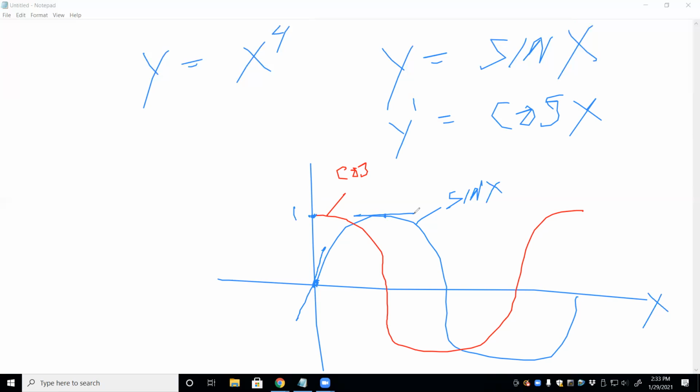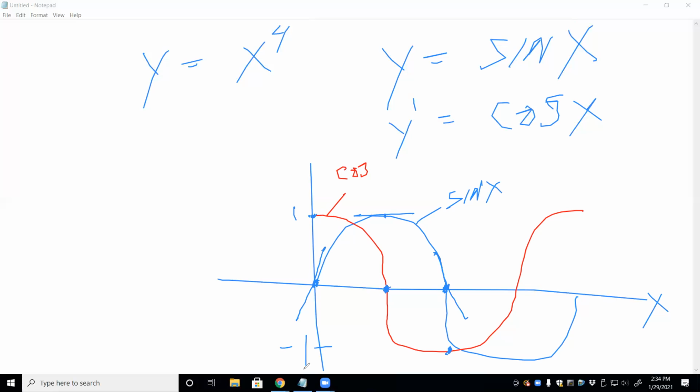What's the slope of a horizontal line? 0. That's what that is. It's the cosine. If I get over to here, what's the slope there? It's -1.